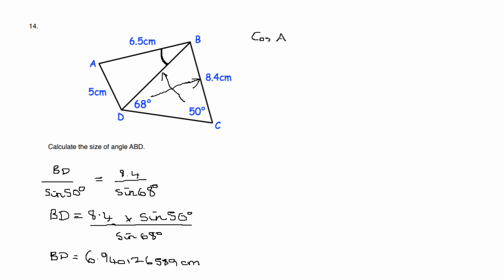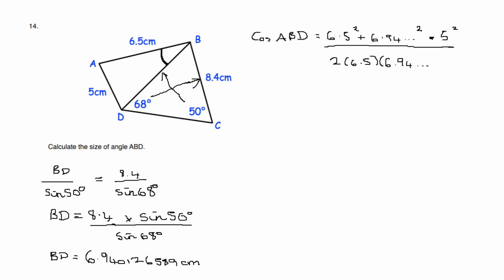So I'm going to have cos ABD, the angle that I'm trying to find, is equal to 6.5 squared plus BD squared, so 6.94 etc. squared, minus the side that's opposite the angle that we're trying to find, minus 5 squared, all over 2 lots of 6.5 times that full value of BD that you found earlier.